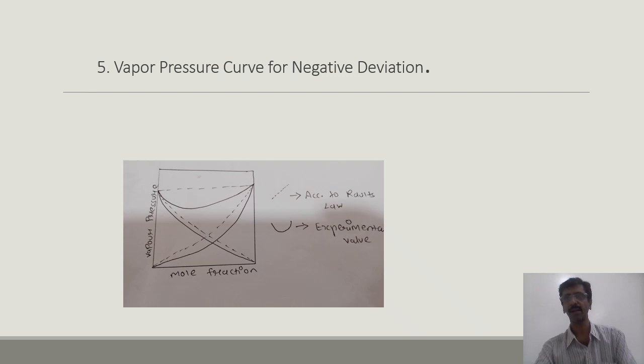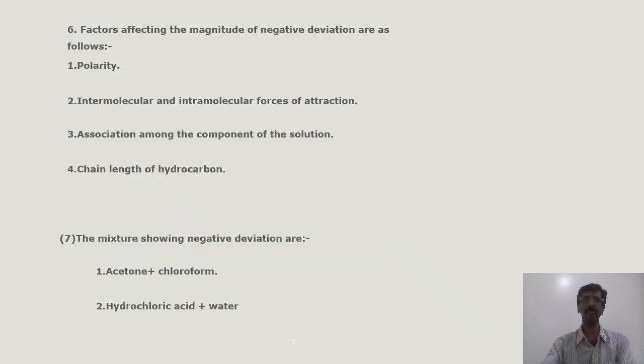Okay, next we proceed towards the factors which I have already discussed. Here also we are going to consider the same factors. First, the extent to which polarity takes place. That depends upon the electronegativity difference between the combining species. Next point is the intermolecular and intramolecular force of attraction within the molecule and between different molecules, to what extent the attraction takes place.